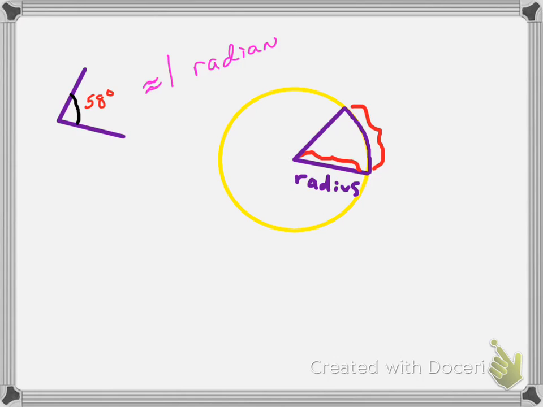And I put it in a circle, and I call that 1 radian. And I add another one. Now in the circle I have 2, and then I add another one to get 3 radians.